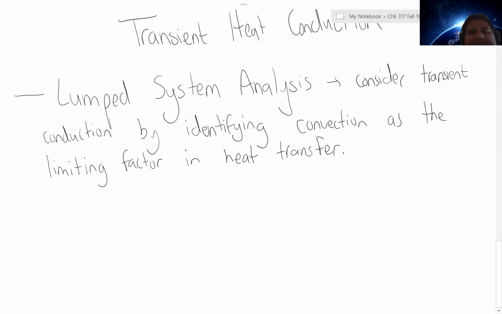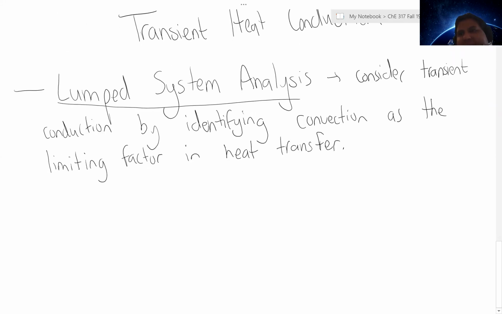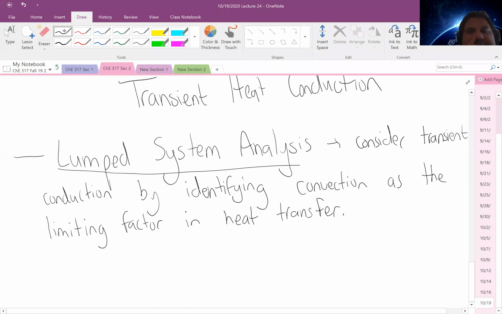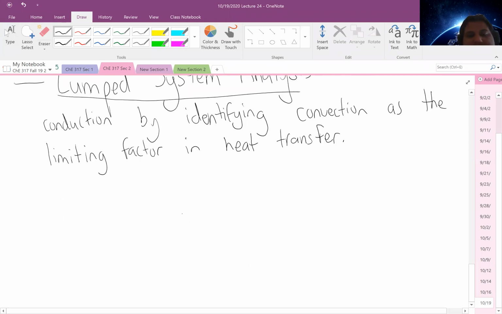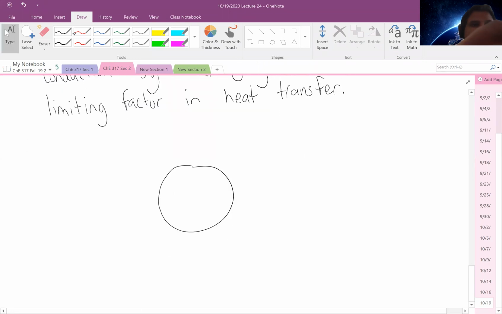And that might sound a little silly because we're looking at transient conduction and we're saying the convection is the issue. So the best way we can discuss this is, let's say we have a sphere and the sphere is hot.